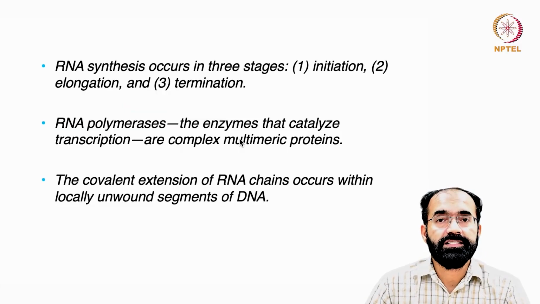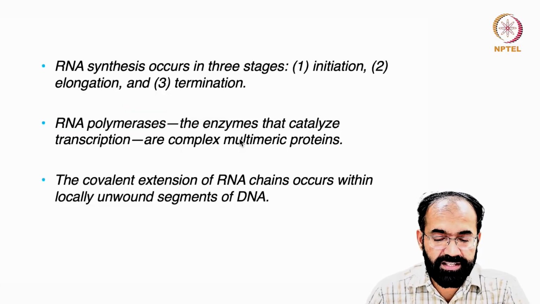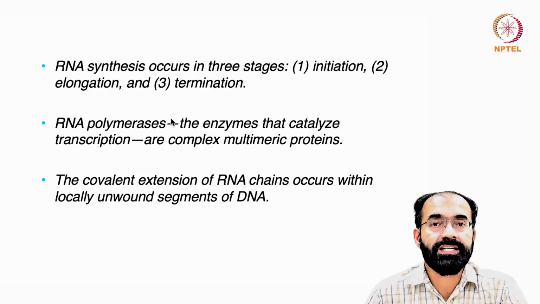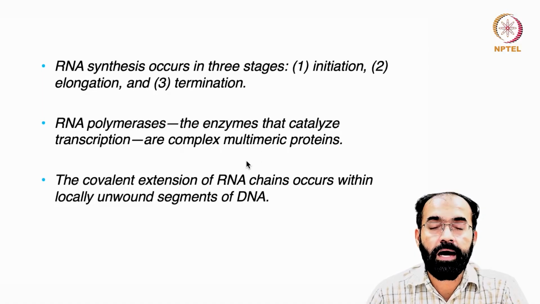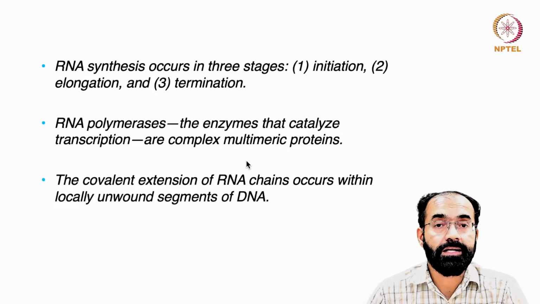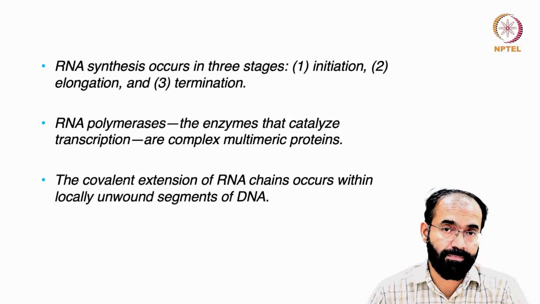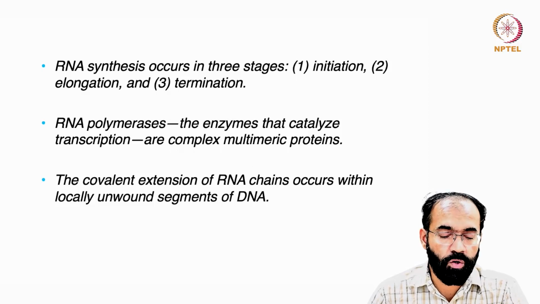So RNA synthesis in general occurs in three stages: initiation, elongation and termination. And the RNA polymerase, the enzyme that catalyzes the transcription, is a complex multimeric protein. We have seen it. There is a tetrameric core and also a sigma factor, so that forms the holoenzyme.